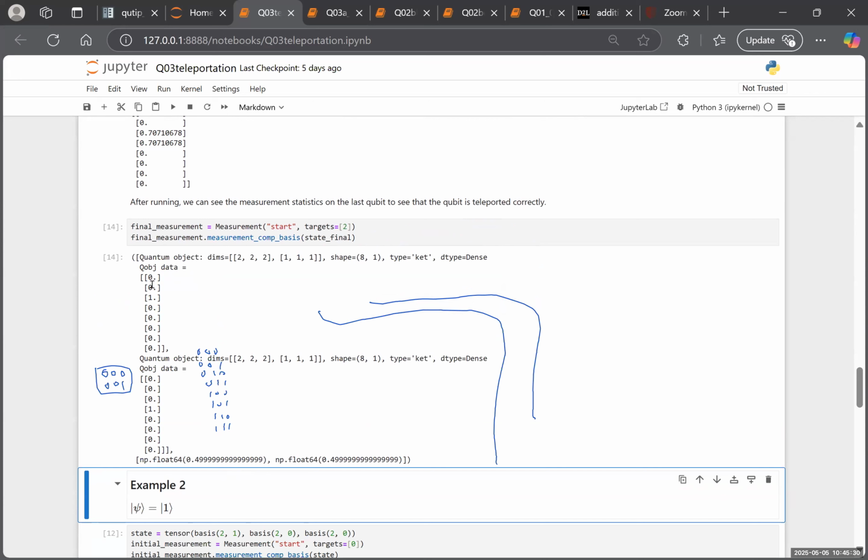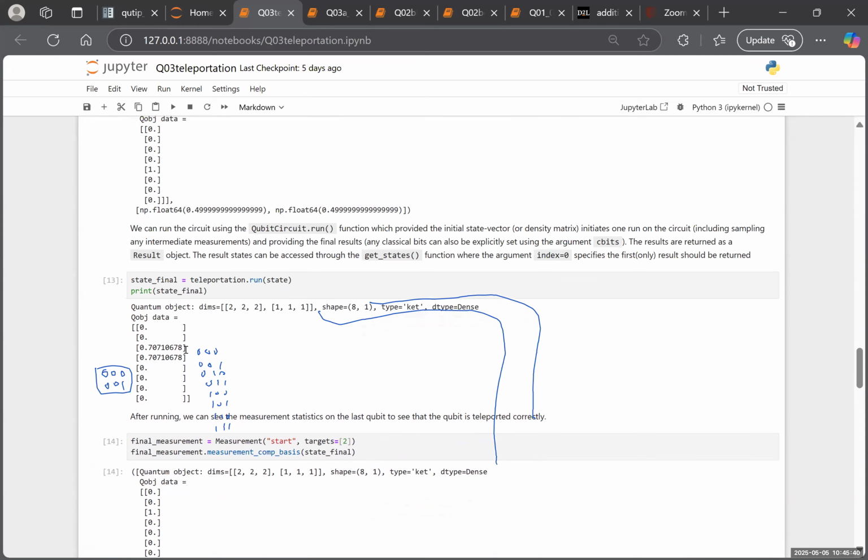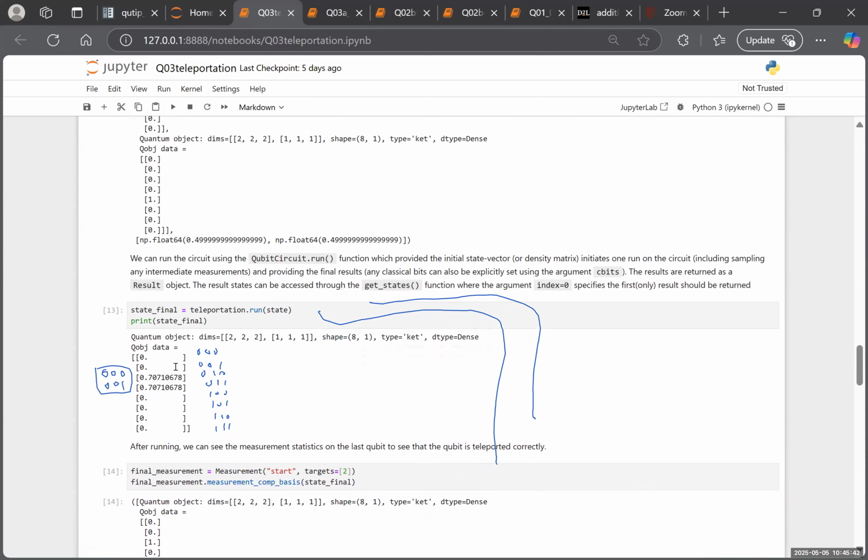So you sometimes get 0, 0, 1, sometimes get 0, 0, 0, 1. Yeah, so for the basis, we need to see how they label.